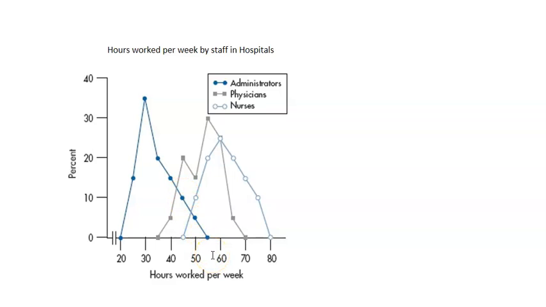Administrators, physicians, and nurses have all been compared on the hours that they work in hospitals. So clearly, the administrators have been working fewer hours in the week. The physicians have been working sort of in the middle, more hours, and then the nurses have worked the most hours in all these hospitals. And you can compare these distributions and draw conclusions, of course, on that data.